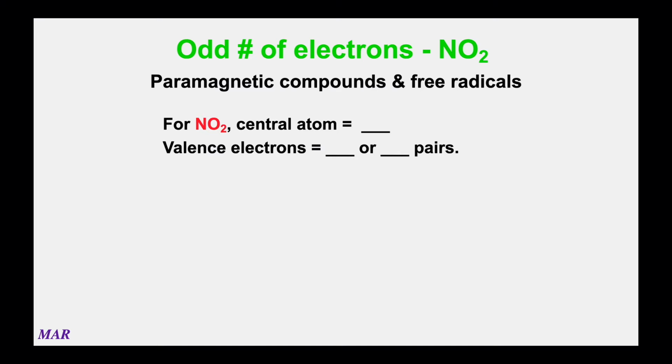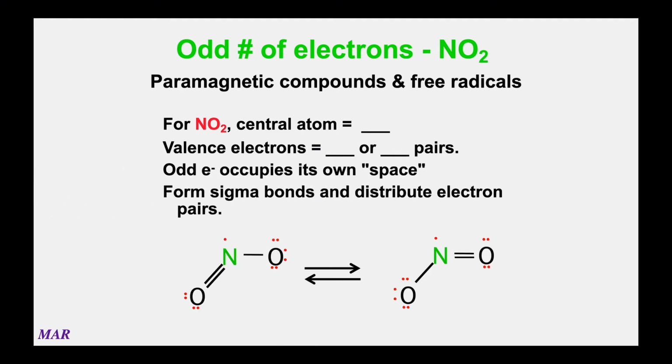Think about that. Now, when you put these molecules in a Lewis structure, start with nitrogen in the middle, connect the outer atoms to the inner atoms with bonding electrons, put lone pair electrons on the outer atoms first, and if there's anything left over, put it on the inside. And that's where it gets kind of interesting. Now, that odd electron is going to occupy its own space, all right?